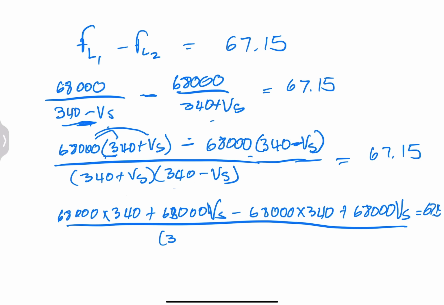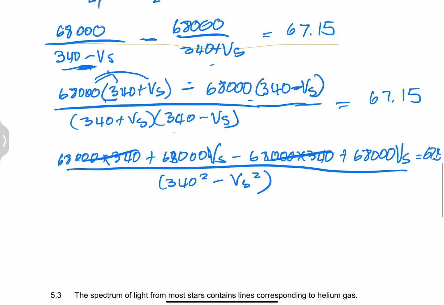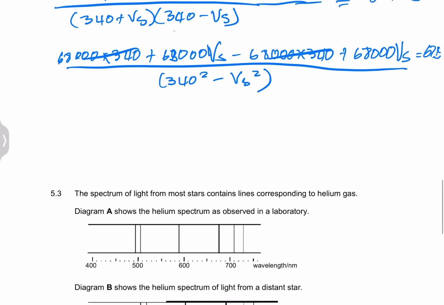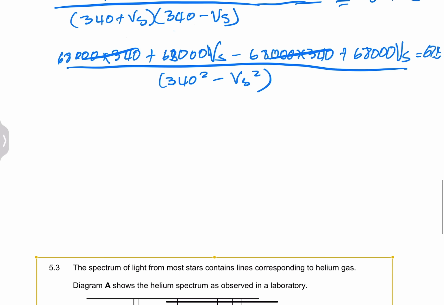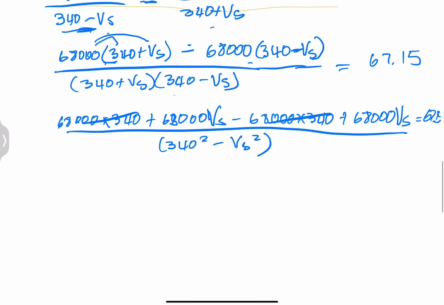We've got 340 squared. This is the difference of two squares, right? So I'm going to have 340 squared minus Vs squared. If you notice, this and that would cancel. And that's why I was saying this question is quite maths intensive. I'm not too sure when they made the mark allocation if they really considered this.